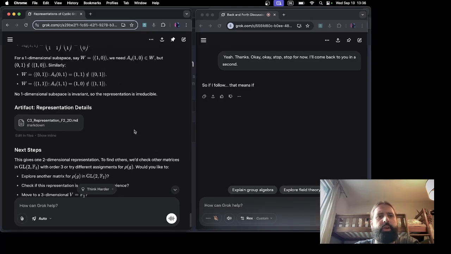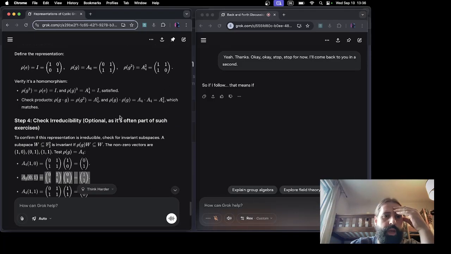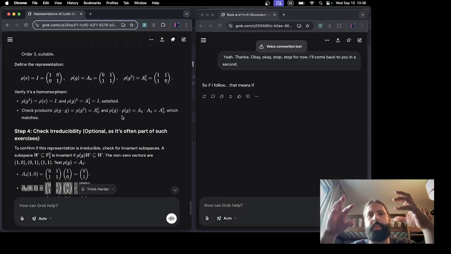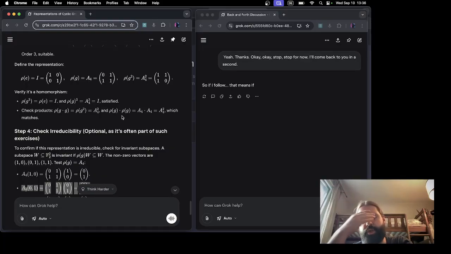Okay, but I get it. So what you're saying is you're trying to find instantiations. You're trying to look at F2, then build a vector space on it, and map the elements of the group G into linear transformations that respect both the field's arithmetic and also the group structure, right?